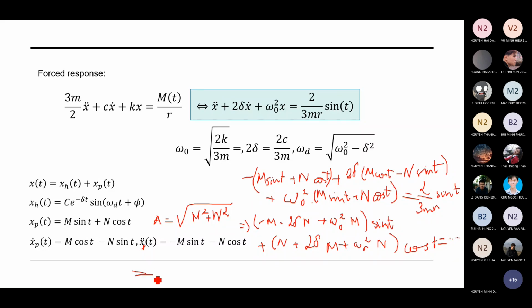And you will have the equation of motion with M and N.